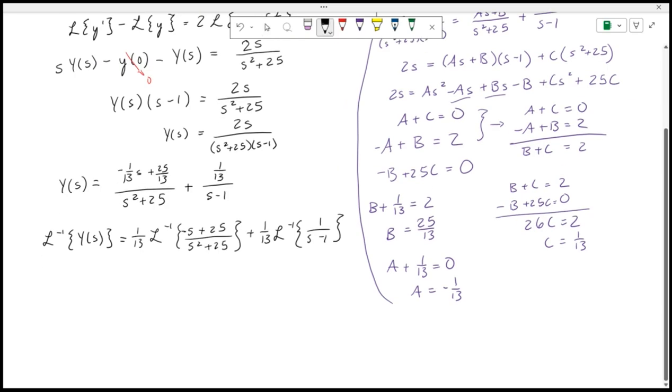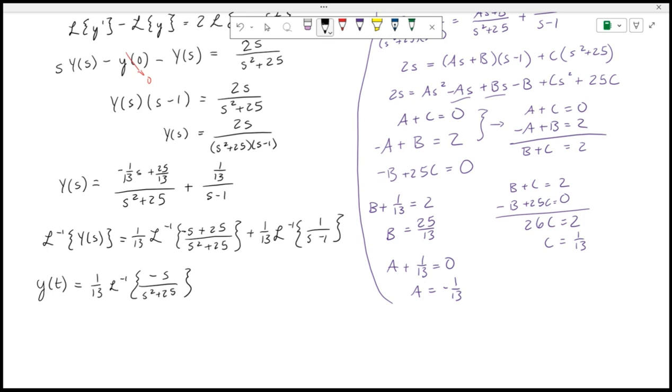And so I'm going to have y of t on the left, because the Laplace inverse of Y of s is y of t. And then I'm going to have a 1/13th Laplace inverse of negative s over s squared plus 25. Okay, and so that's just taking the first term in the numerator over the denominator.